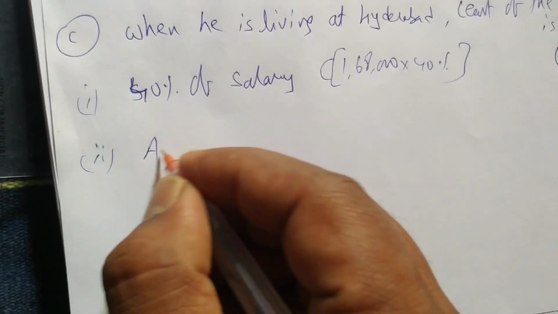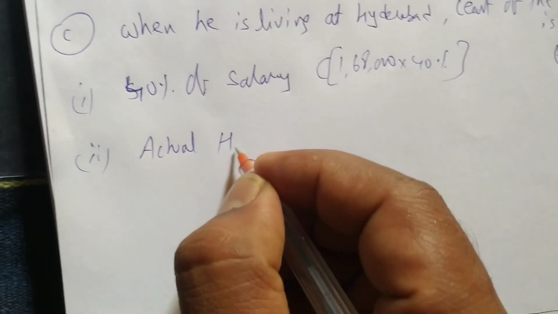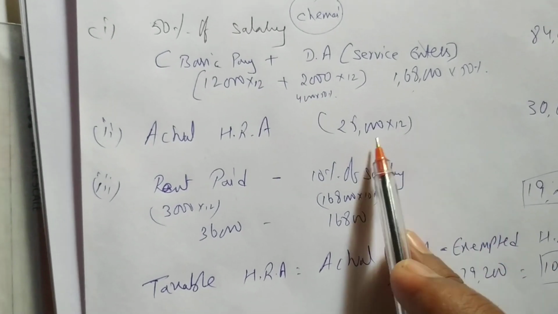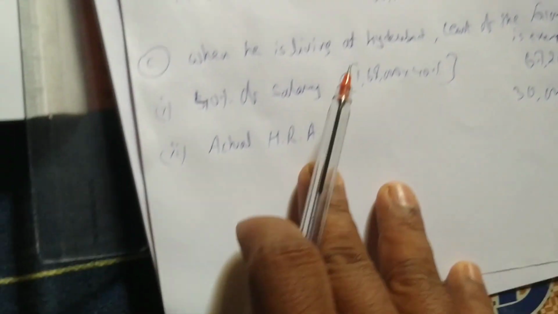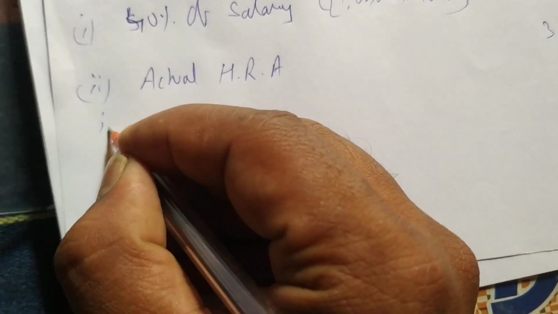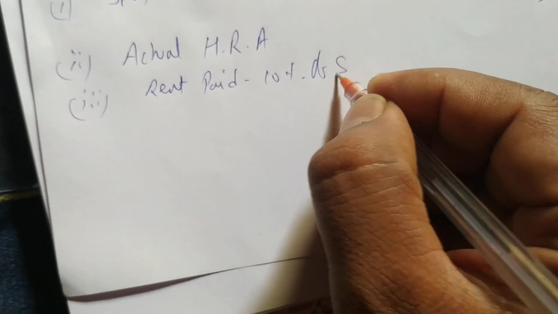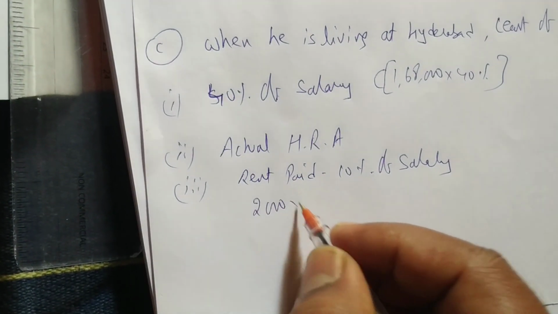Number 2: actual HRA received. How much is it in our solution? We have found that it is 30,000. Actual HRA remains the same, 25,000 into 12, 30,000. Next, number 3: rent paid minus 10% of salary. How much rent did he pay?